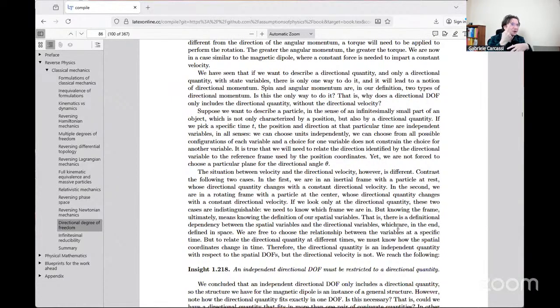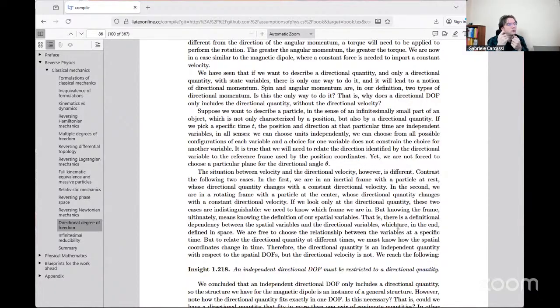the direction you can define independently of the frame that you are in. But the velocity you cannot, because in the case that you are in a rotating frame, what you think is a constant, something that is remaining the same, is actually rotating in a non-rotating frame.